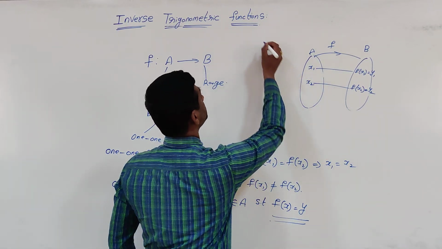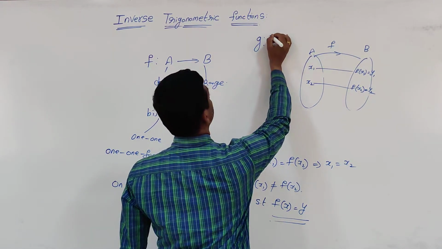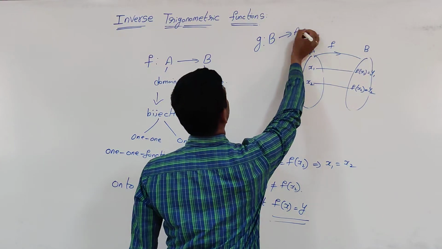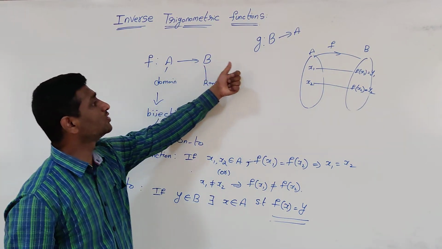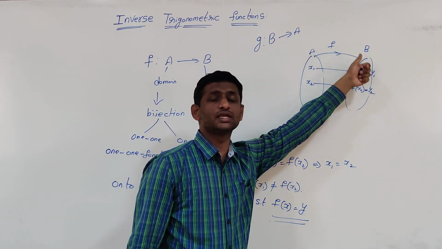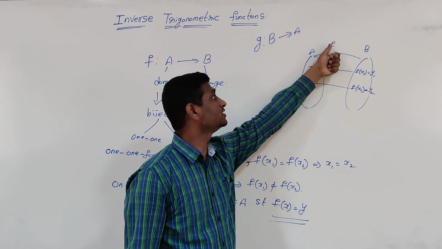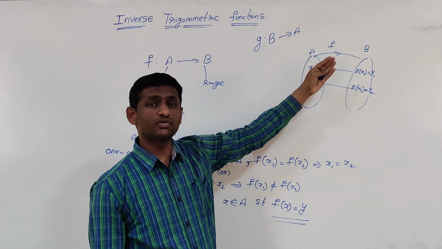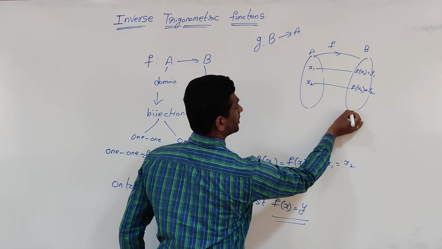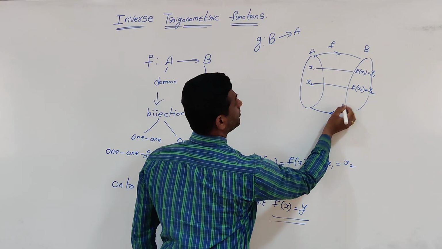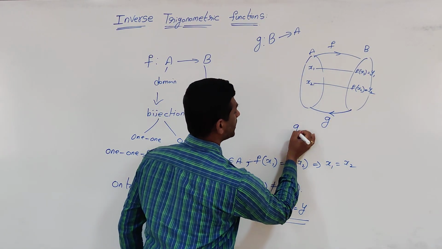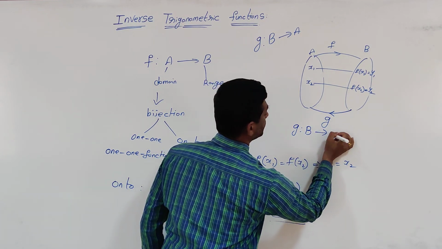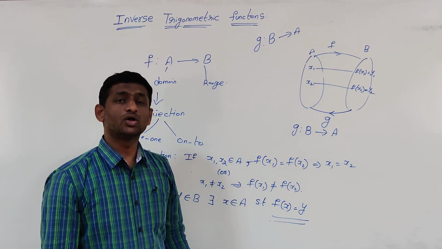Inverse means there exists one function, say g, mapping from B to A, that is a reverse. If A is the domain of this function and B is the range of this function, then its reverse is from B to A. g is a function from B to A, and g is also a bijection.